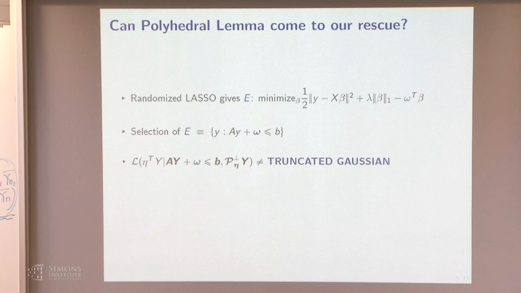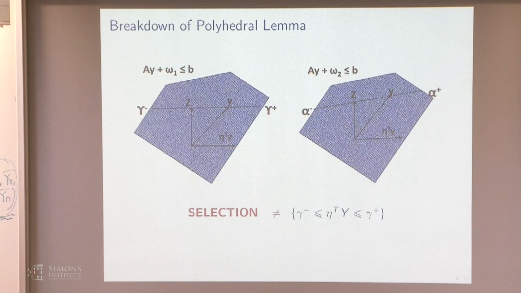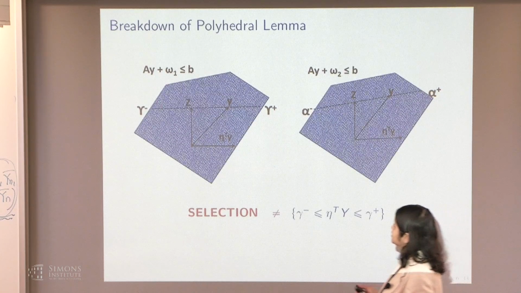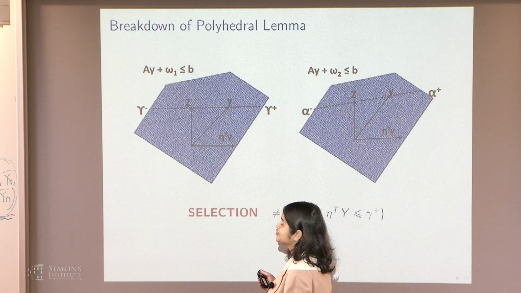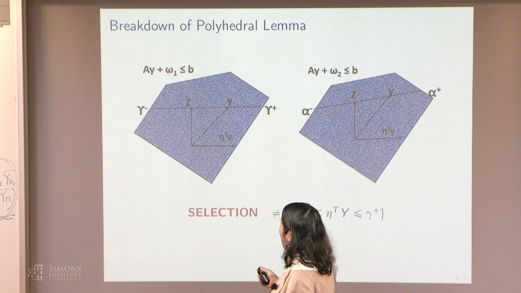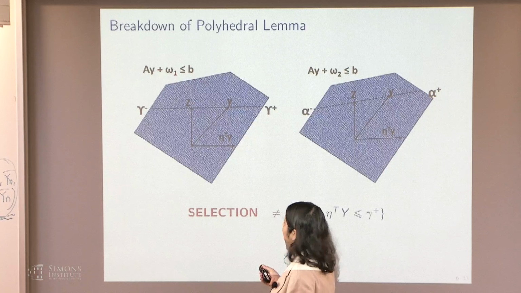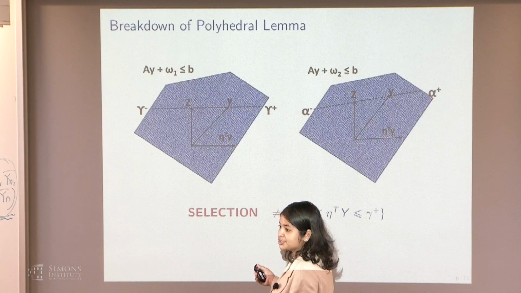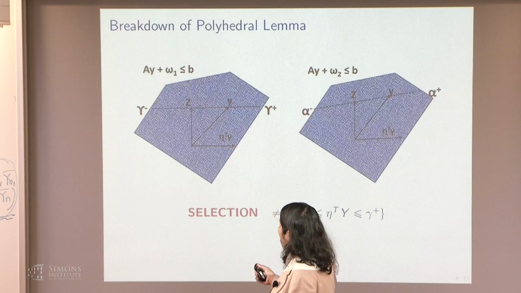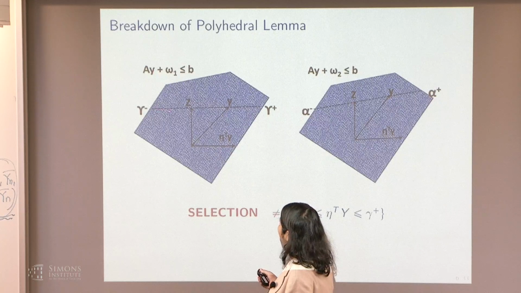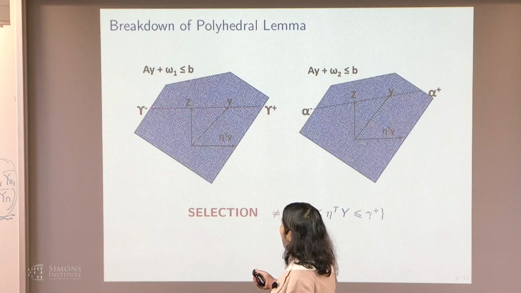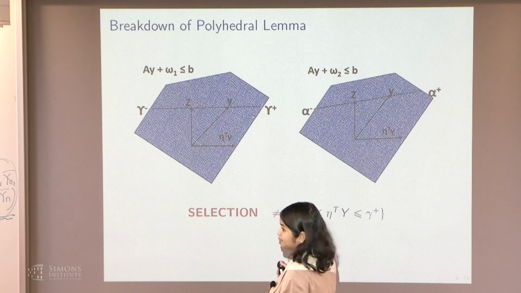And to see why it's not so, just imagine that if we have this polyhedral selection region at a fixed realization of omega, say omega 1, then of course, by conditioning on your nuisance statistics, you can see that eta prime y would be restricted between gamma minus and gamma plus.